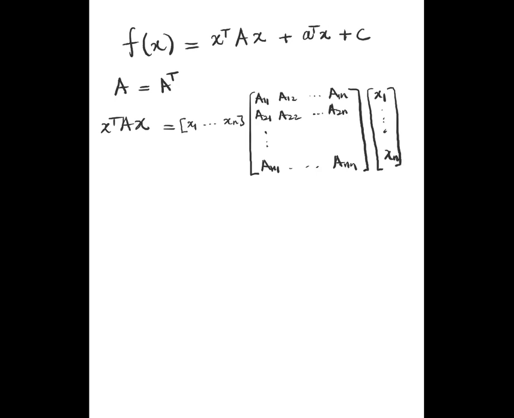Okay, so if you expand this, you can write it in two terms: the sum over i from 1 to n of xi aii squared plus the sum over i from 1 to n and j for all the j's that are not equal to i of xi xj aij.